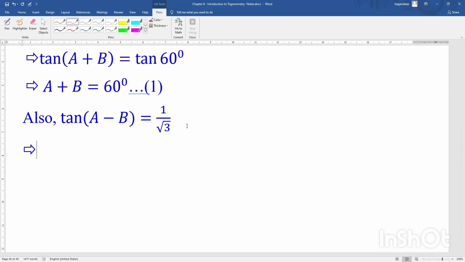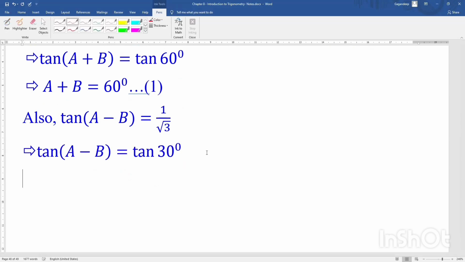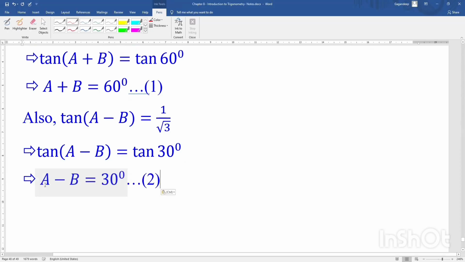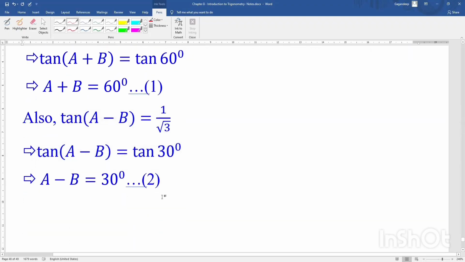So this implies tan of a minus b is equal to tan 30. Now here also I remove the tan from both sides. So we get a minus b is equal to 30 degree, like this, a minus b is equal to 30 degree, equation 2. Now we can apply the elimination method.